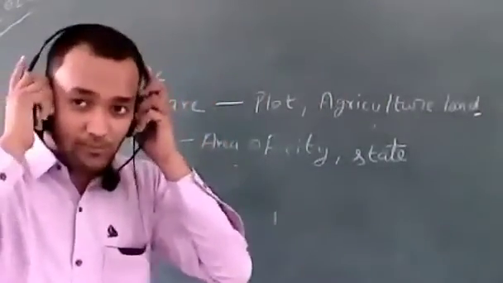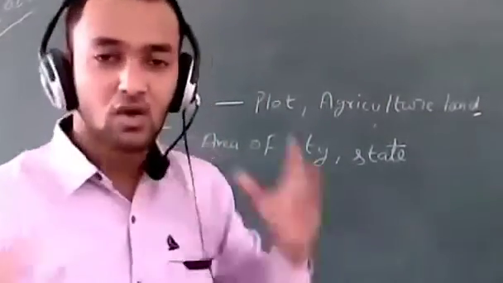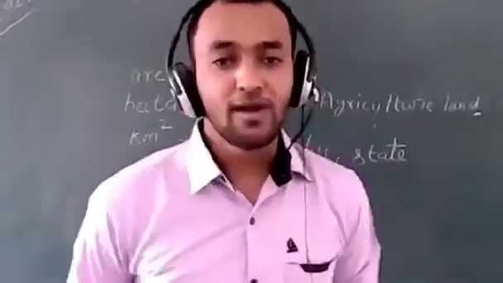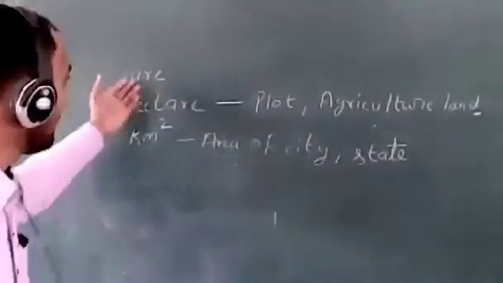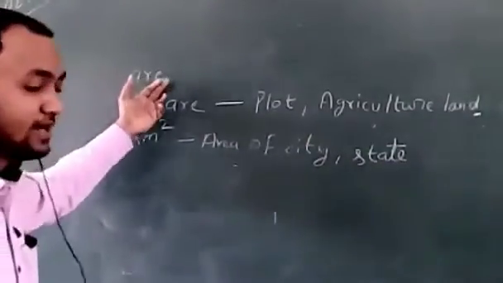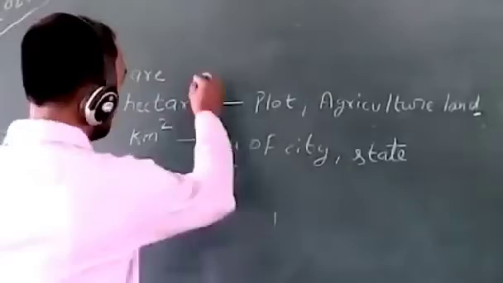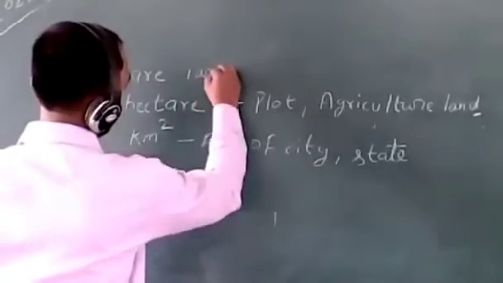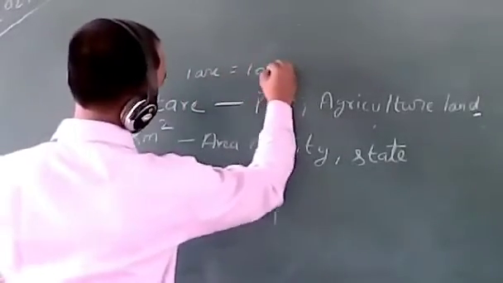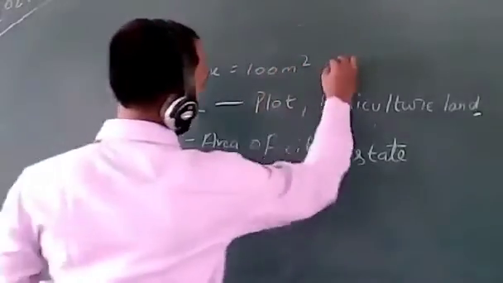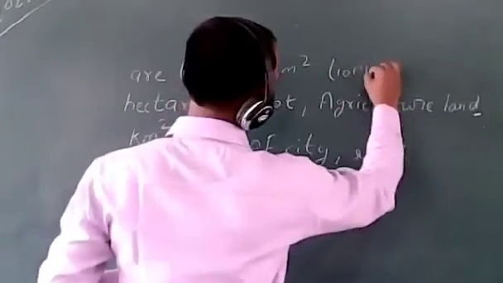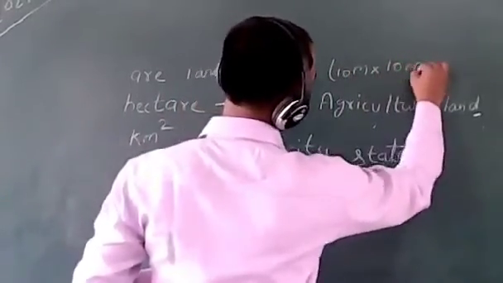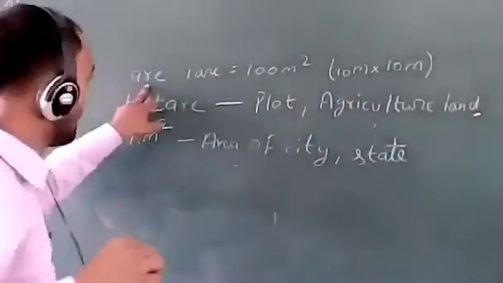For bigger area measurement, we use this unit, are. 1 are is equal to 100 meters square. That is 10 meter into 10 meter, meaning a square having side of 10 meter. That is 1 are. Okay.